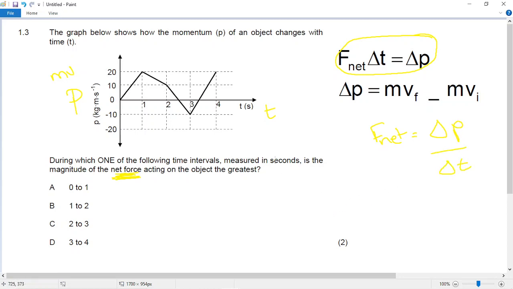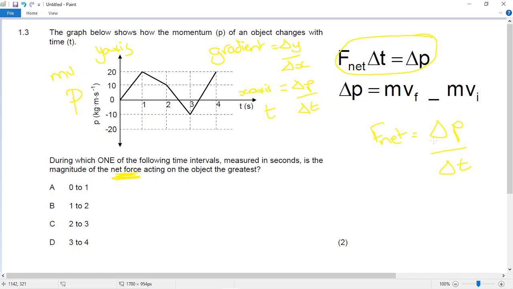Now, anytime we have a graph, we always know that the gradient of the graph is of interest to us. Okay, so in this graph, the gradient is equal to the change in y over the change in x, which for this graph will be delta p over delta t, because obviously this is the y-axis and this is the x-axis.